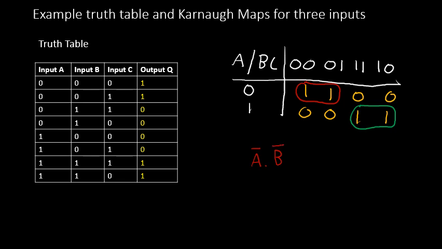For the green box, A is now 1. So A is constant here at 1, so we can say that A is going to be part of our expression here. It doesn't matter in this case again what C is. It can be 1 or 0. But B is also going to be 1 in both cases.